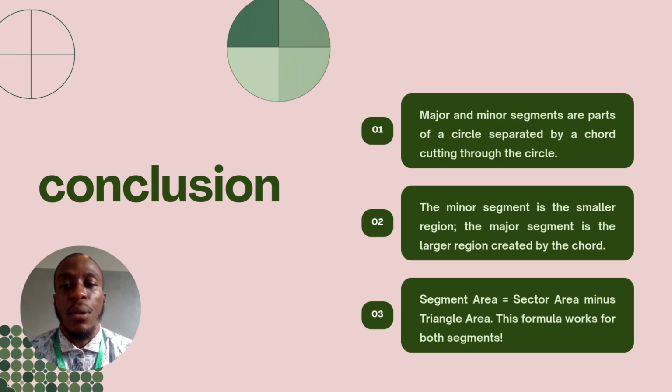Remember that this formula works for both segments. It's just that the major segment always has a bigger angle than the minor segment. So we move over to our assignments.